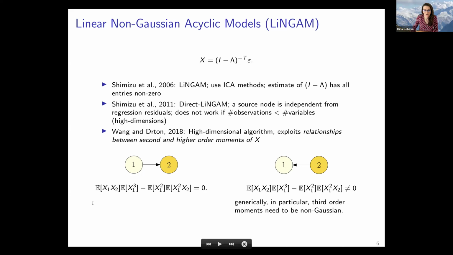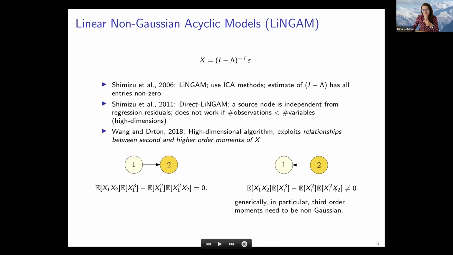But here's this one equation, it's the same one, which is 0 in the first case. And so these are sort of second moments, here x1, x2, and x1 squared, and E of x1 cubed and E of x1 squared x2, those are third moments. So this one is 0 in the first case, always.